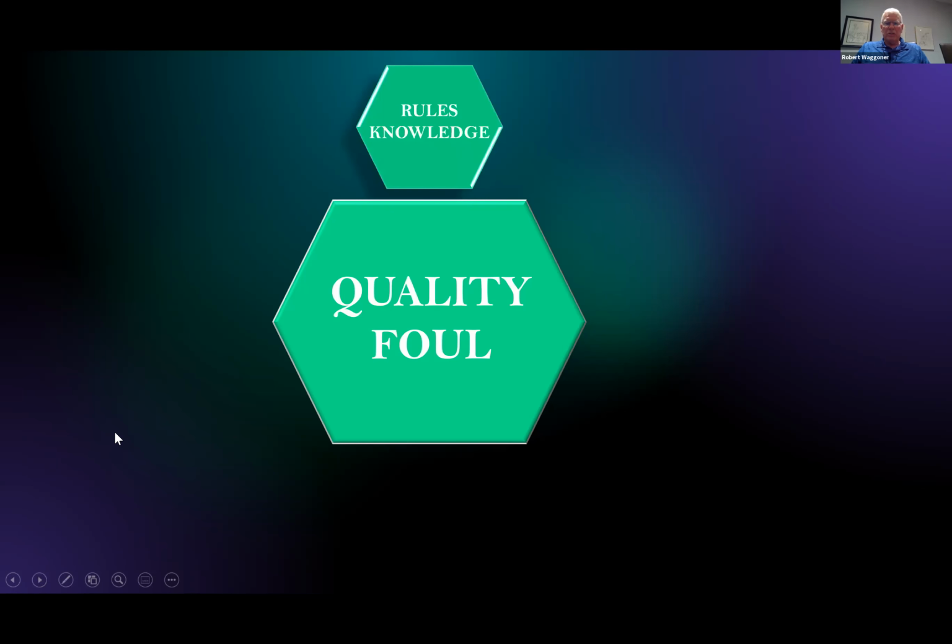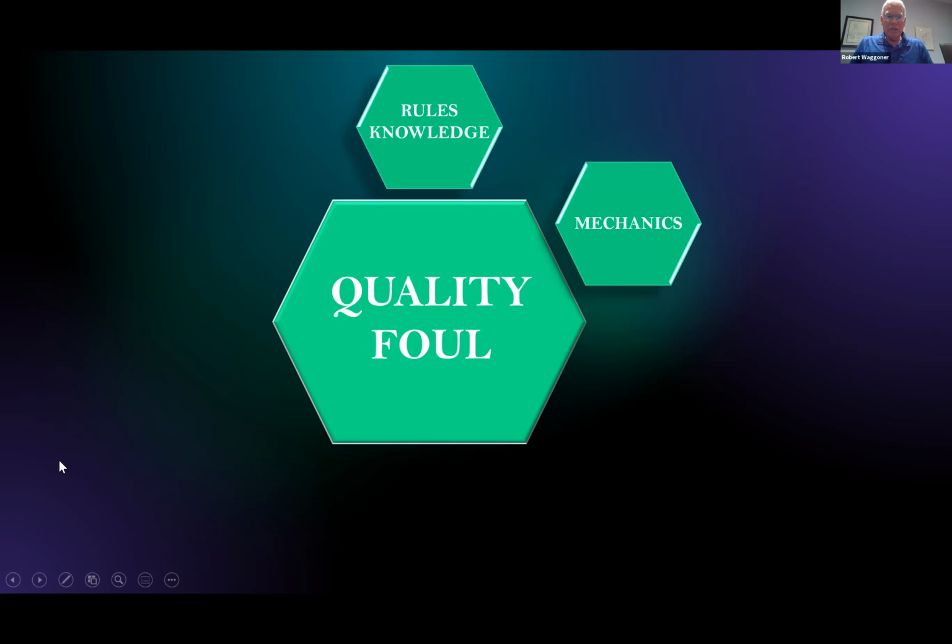The first component is you've got to know the rules. It's not a matter of being able to quote the rule book. It's a matter of knowing the rules in the sense of being able to apply them accordingly to what you're presented with. So rules knowledge makes up, in my opinion, one-sixth of what a quality foul is.